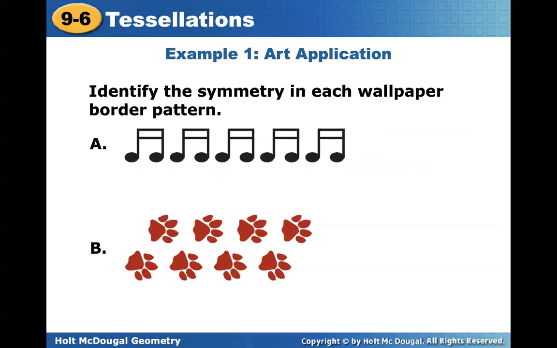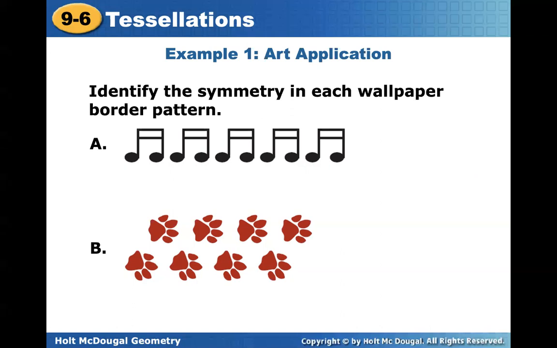Art applications: identify the symmetry in each wallpaper border pattern. So if this is our pattern here and it's the musical notes, we want to know what kind of symmetry this has. So we're looking at that pattern. Does it look like we have reflected these at all, or does it look like mainly we just slid one across?